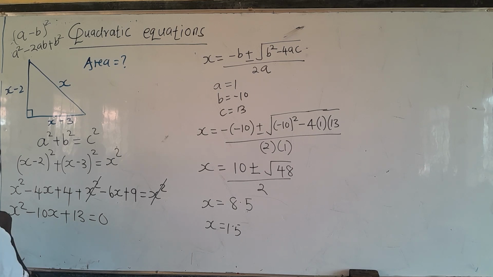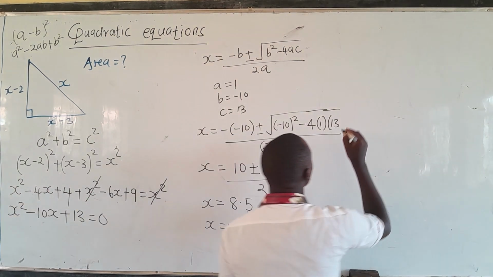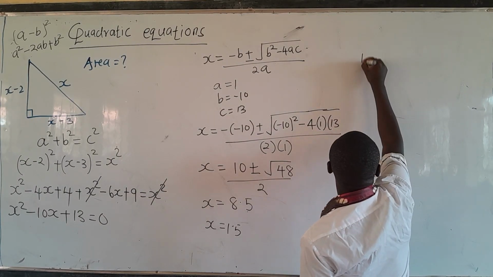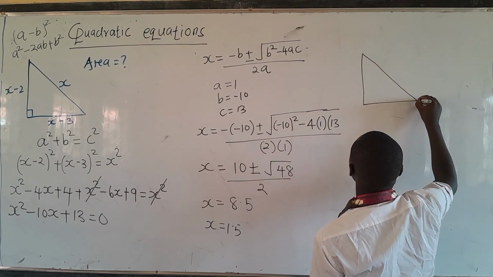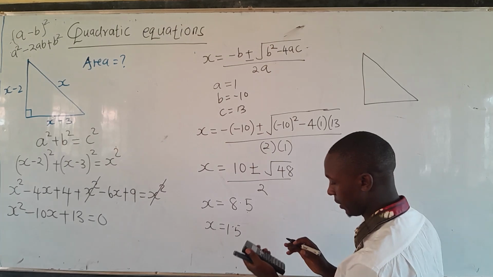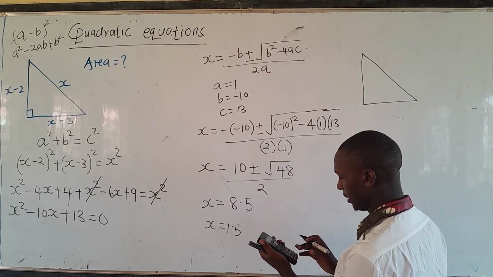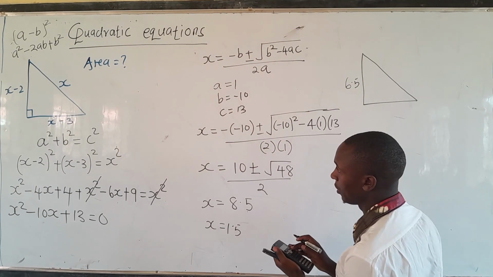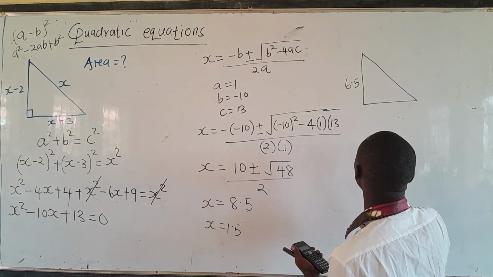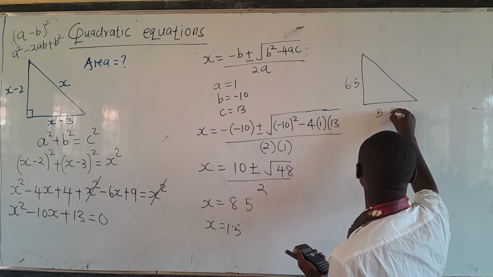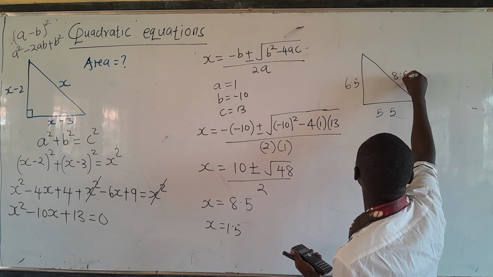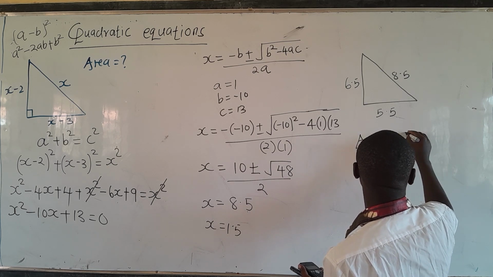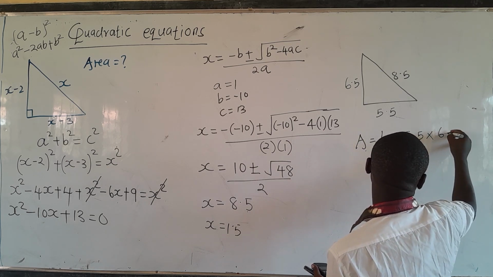For the first possible area, the triangle is going to have the following dimensions: 8.5 minus 2 is 6.5, 8.5 minus 3 is 5.5, and this is 8.5. So the area can be found as a half times base 5.5 times height 6.5.